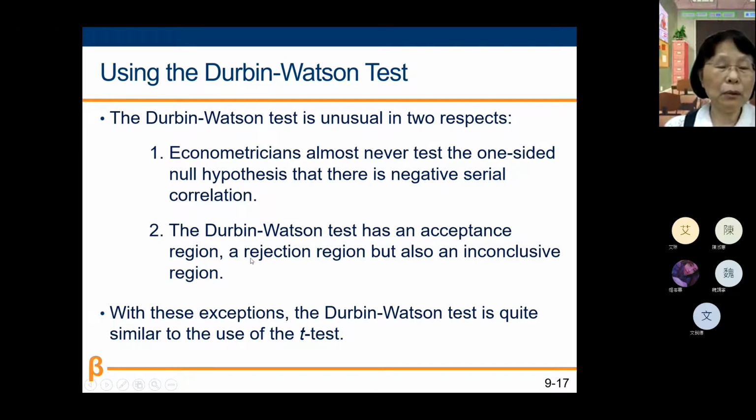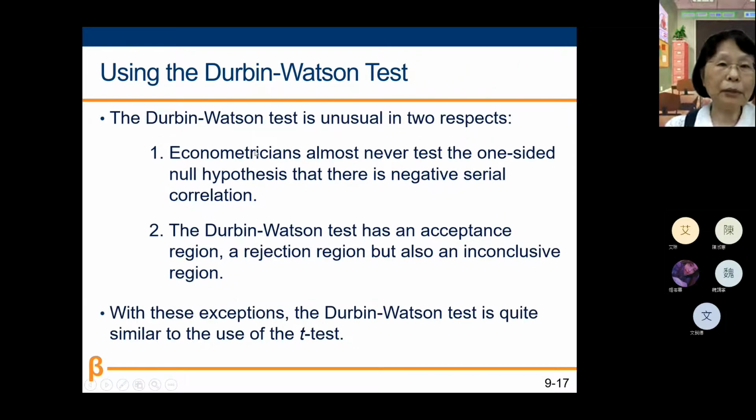And there's one thing about the Durbin-Watson test compared with other tests: before, we had a rejection region and a non-rejection region, but in the Durbin-Watson test, we have an inconclusive region. We'll get to the example, then I will explain how we conclude within the inconclusive region.